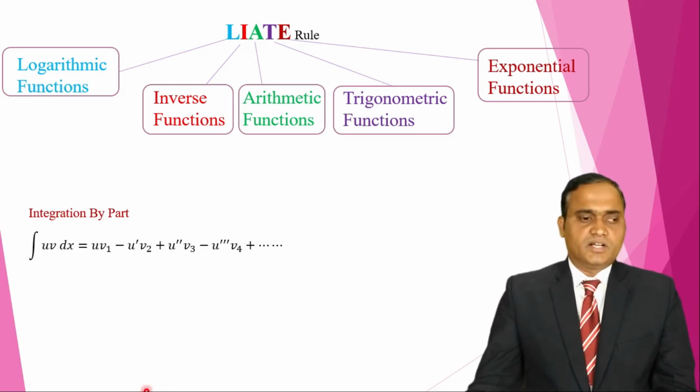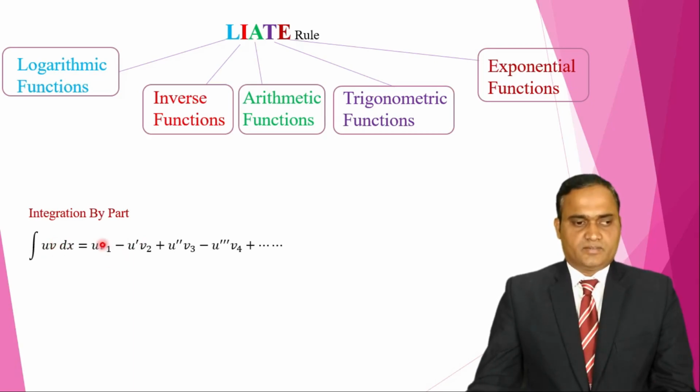That means in this formula you write u as it is, take the integration of v right here, minus take the derivative of u, and whatever we get from the integration of v1, take that integration value, again take the integration, and we get v2. The integration of v2 is v3 and the integration of v3 is v4, in this way.